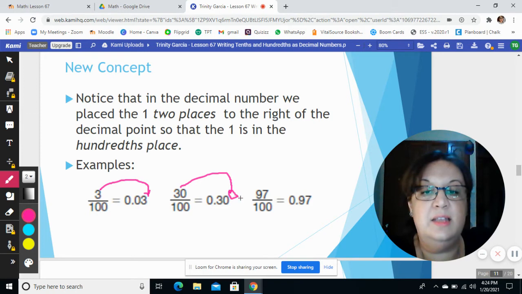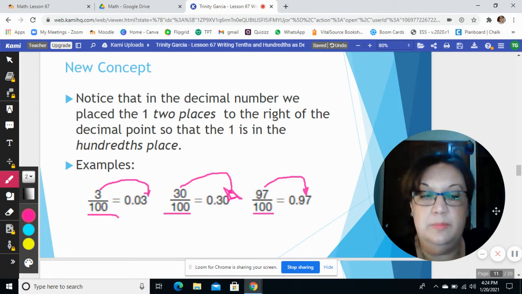It's still in the hundredths place because it ends in the hundredths place. So we do not need to add another 0 here because that would mean it's in the thousands place, right? So we're not going to add an extra 0. Same with this one. It ends in the hundredths place, okay? And we know which place because it tells us in the denominator.